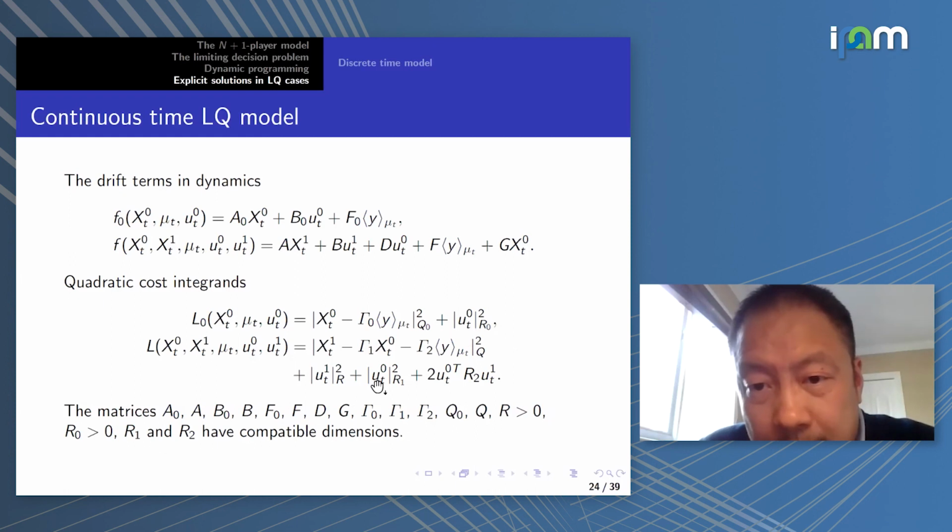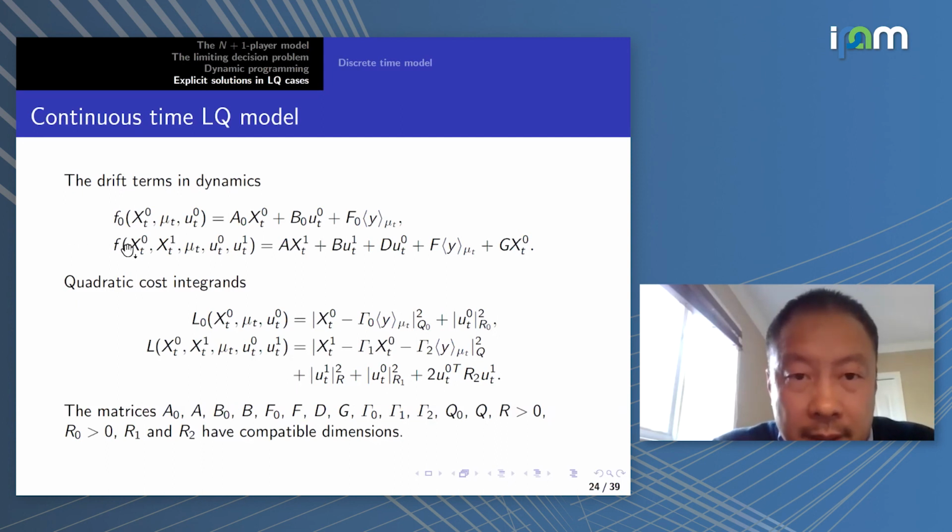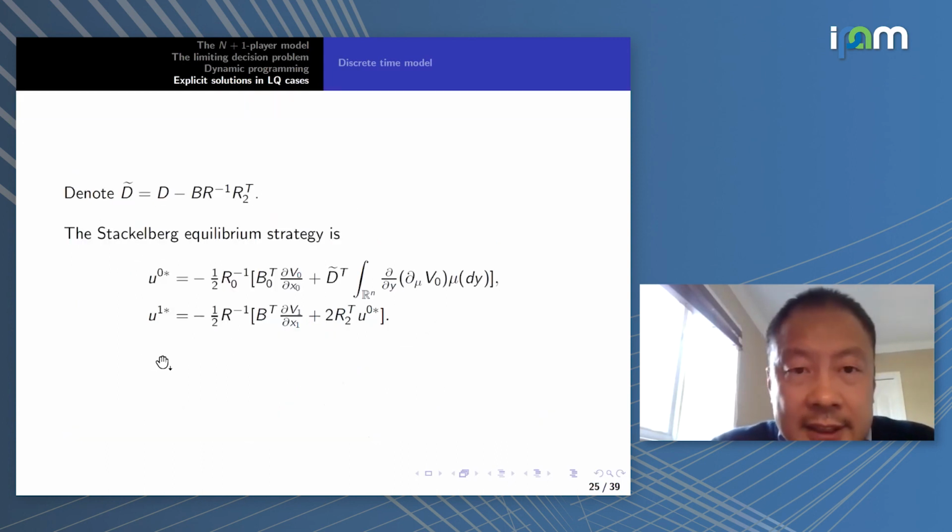Here we have a little bit of notation. When we use this norm with the matrix in the subscript, it means a quadratic form with the weight matrix Q0.